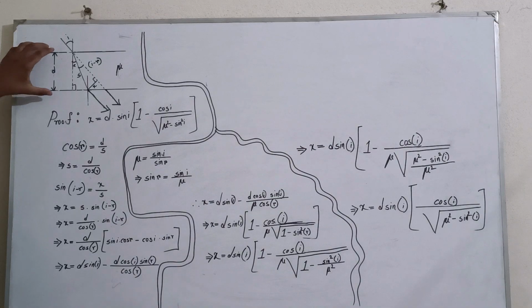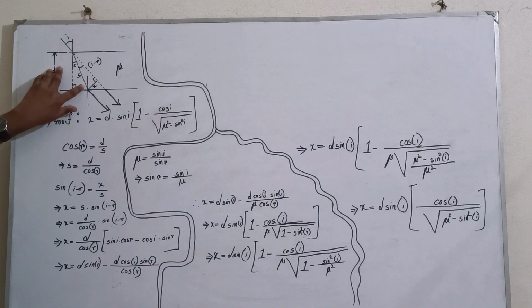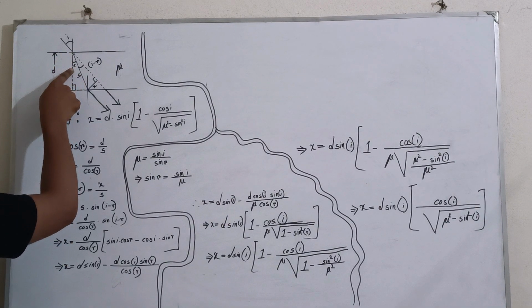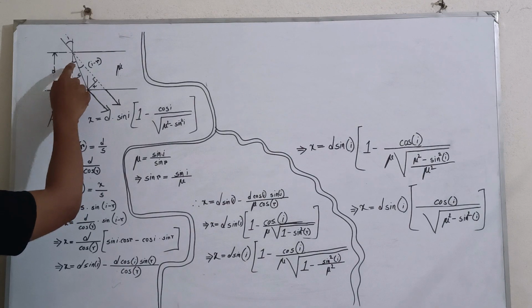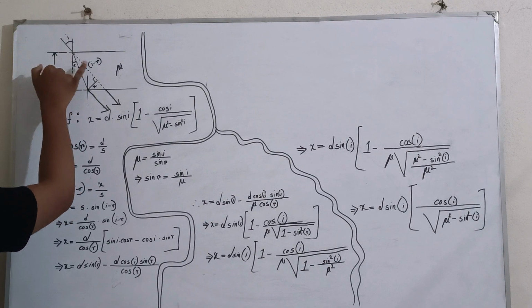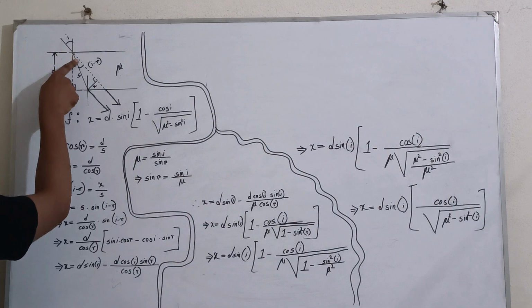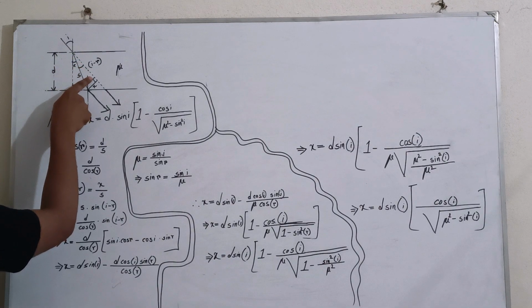Suppose the thickness of this plate is d, and the length of this refracted ray is s, and since this is the refraction angle, but if there were no plate, the light would have gone in this path.